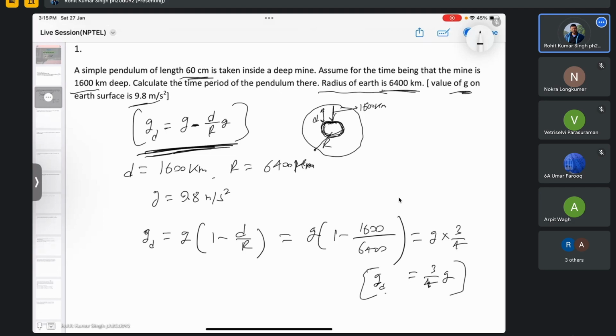Okay, now you have to calculate the time period. So what is the time period of a pendulum? Can anyone tell me? What is the formula of time period of a pendulum? Guys, anyone?